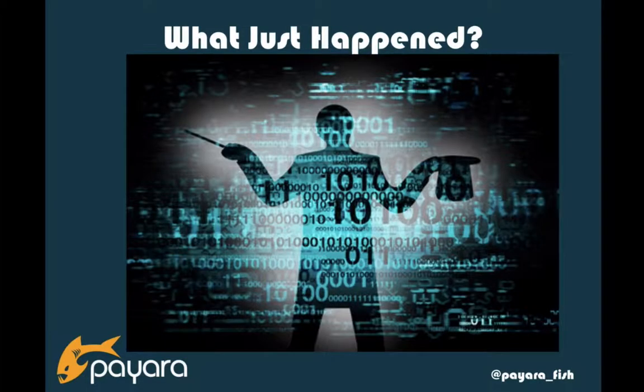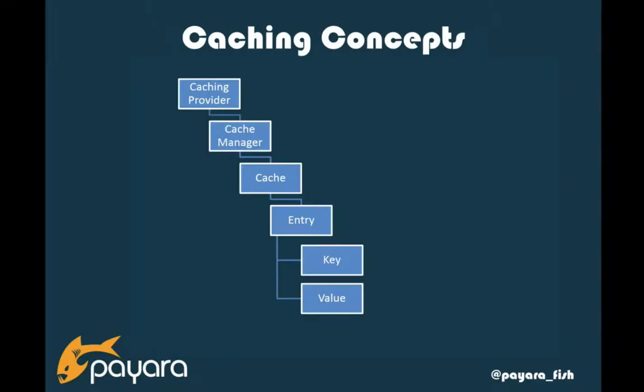So what just happened? What magic have we just done that 12 characters has magically speeded up our application? So let's look a bit under the covers to see what just happened there. So JSR 107, which is the API that the cache result CDI annotation comes from, essentially has these core concepts.